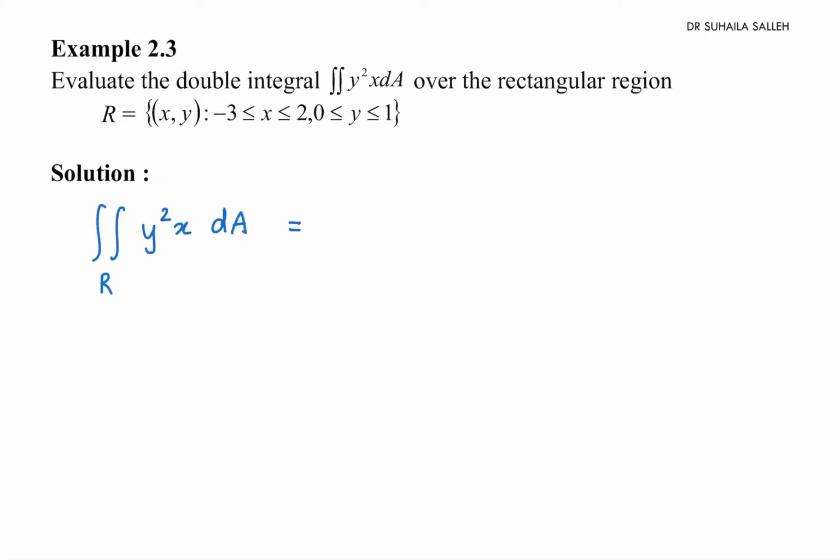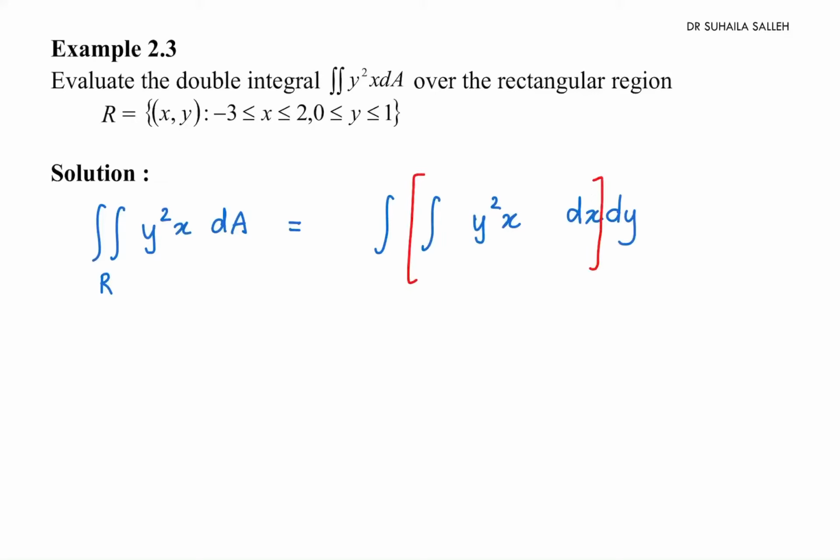So it's either dy by dx or dx by dy. It's up to you. Let's say my order of integration is dx dy. So let me just put here, we have to solve the innermost integral.